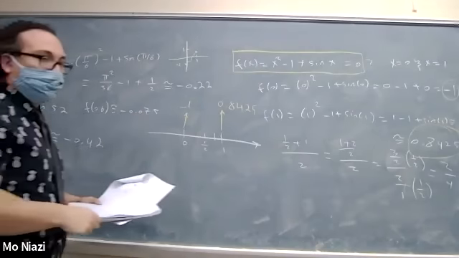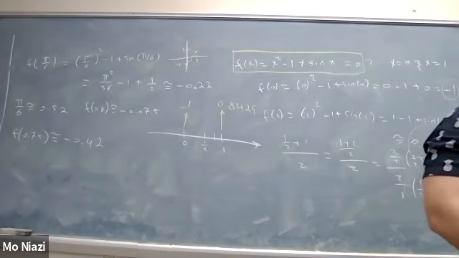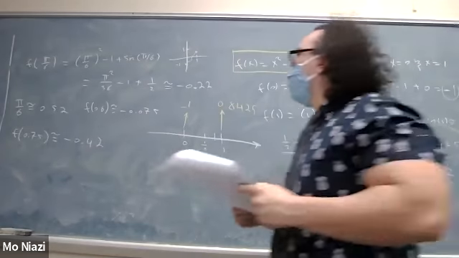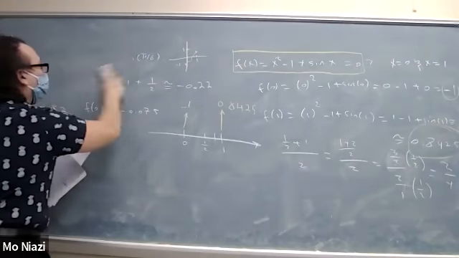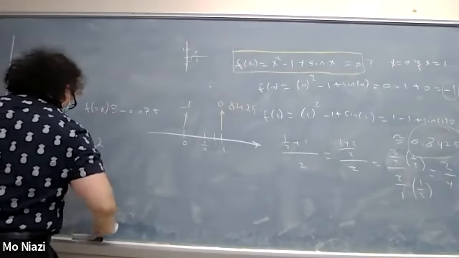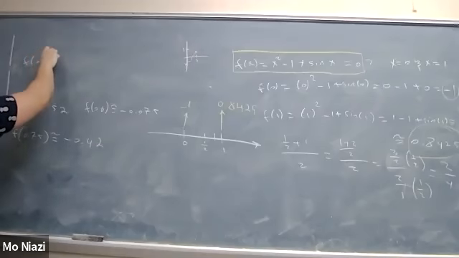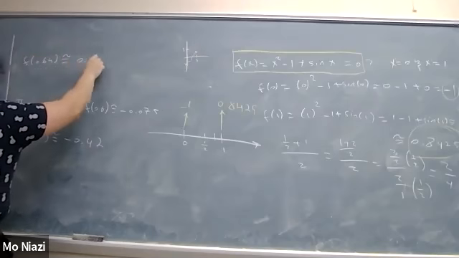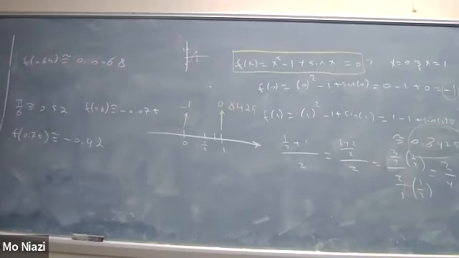So then you could pick another point. It just so happens that if you do this process, you find that f of 0.64 becomes approximately this.